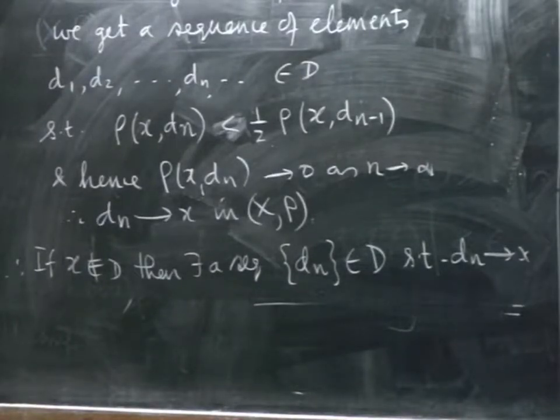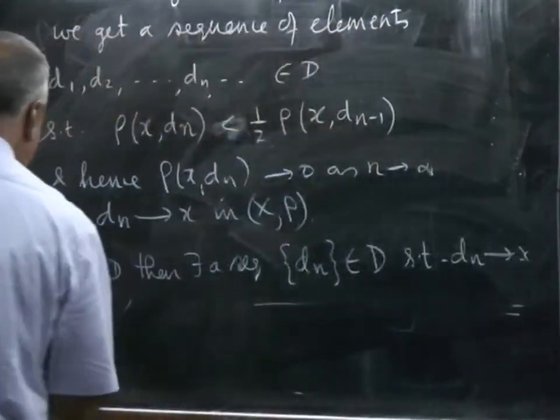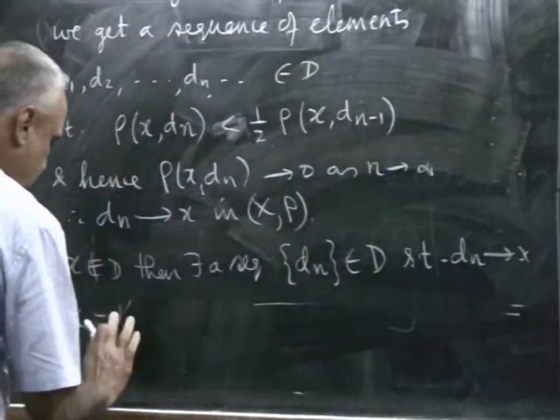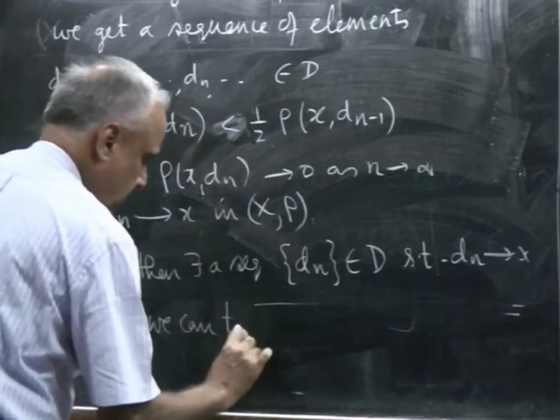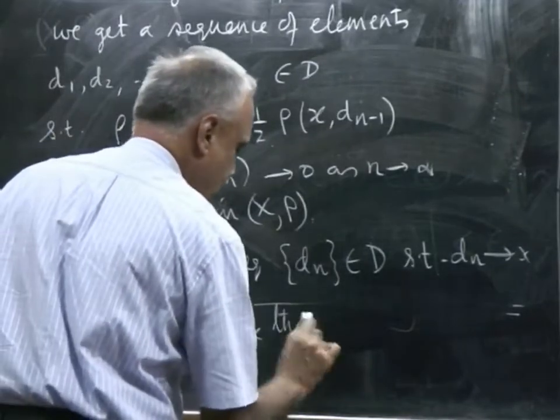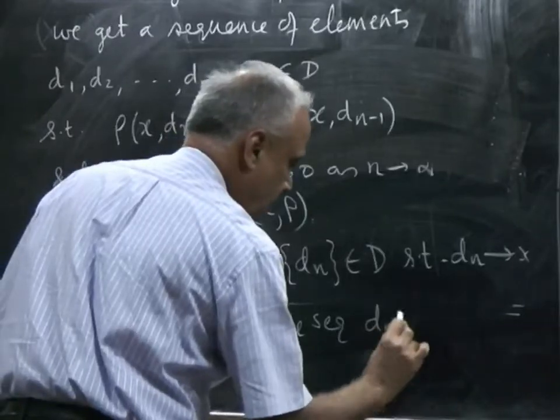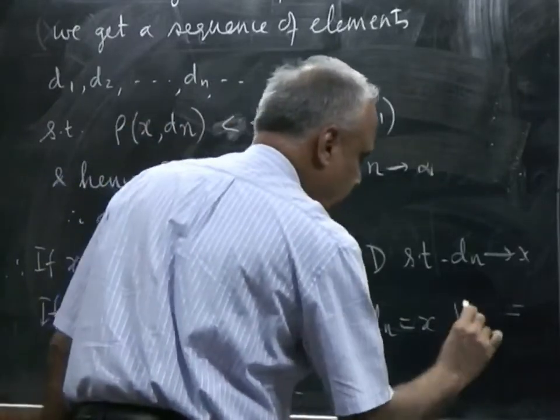Okay. What happens if x is in D? The sequence is a constant sequence, d, d, d, d, d, d. So therefore, obviously this is true if x is in D. If x is in D, we can take the sequence dn equal to x for every n.